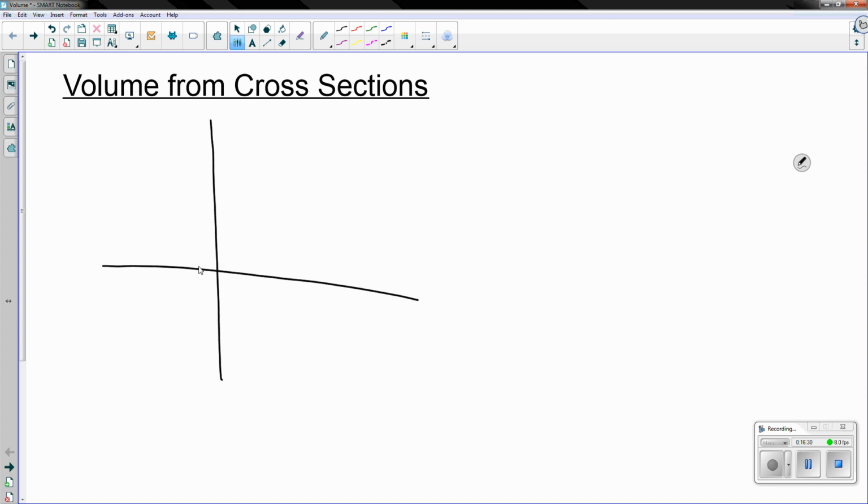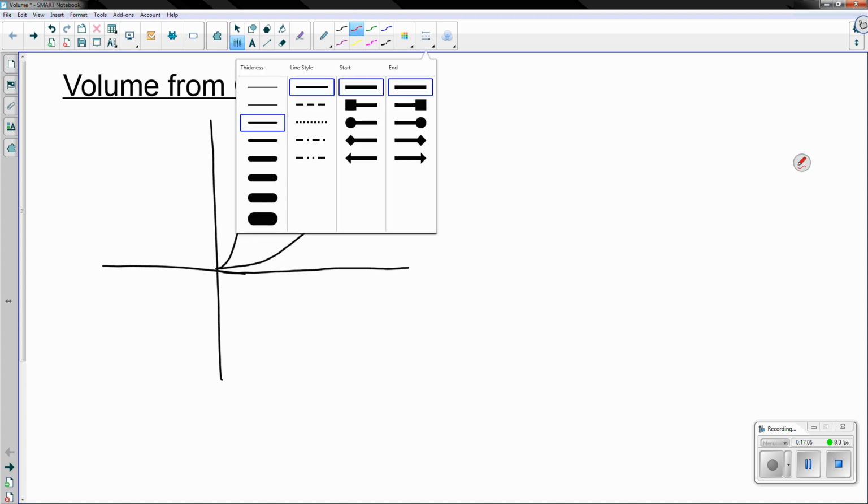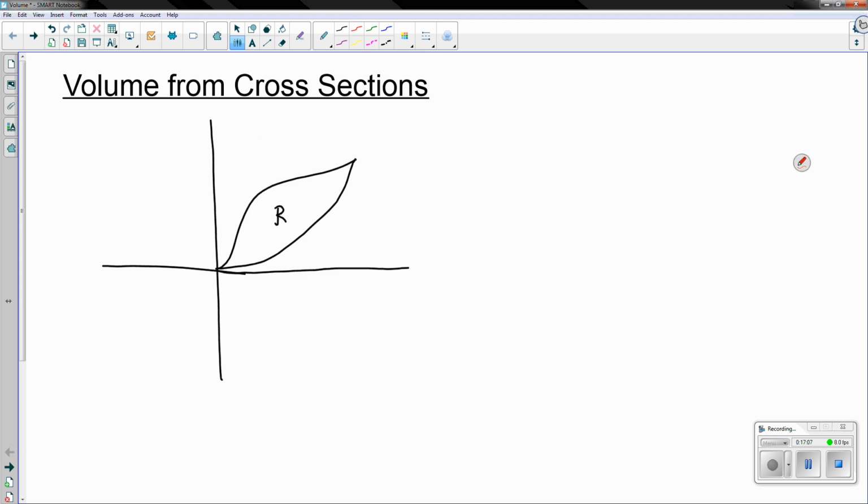We might have some region, call this R, of space where we have to calculate the volume of some figure, where the cross-sectional slices that are made in this region run perpendicular to, say, the x-axis or the y-axis, and they're going to tell you what type of cross-sectional shape results from that. Okay? So here's what we want to be able to do.